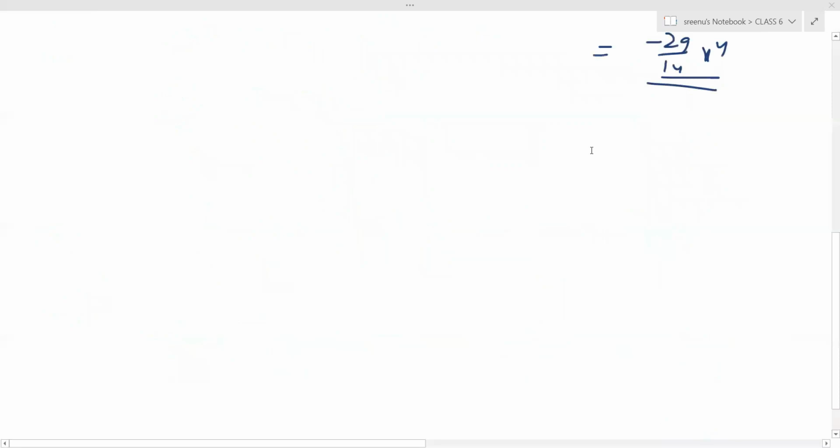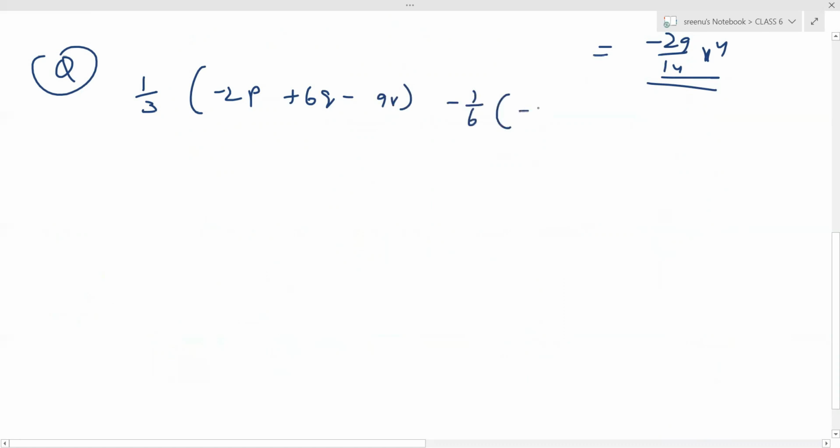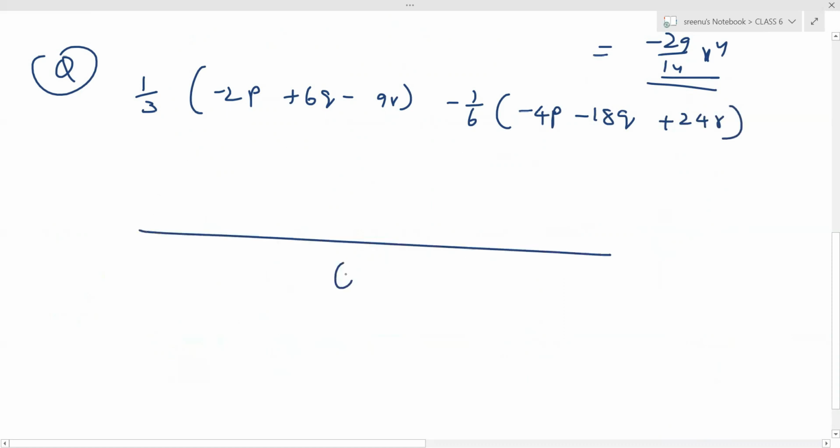Okay, let's do one more sum, then conclude. The question is like this. Simplify: 1 by 3 of (minus 2p plus 6q minus 9r) minus 1 by 6 of (minus 4p minus 18q plus 24r). So 1 by 3, 1 by 6. What is the common denominator here? 6 will be the LCM.